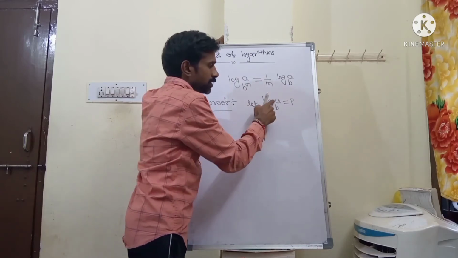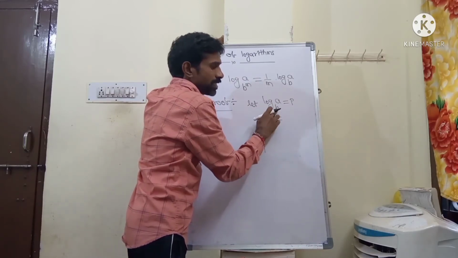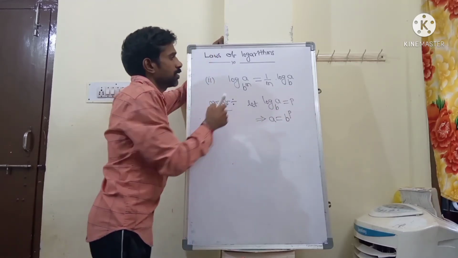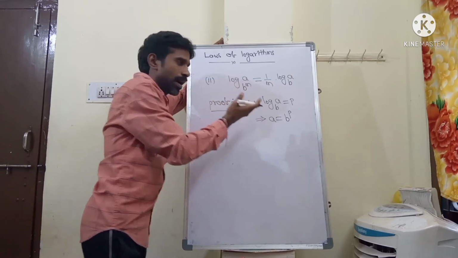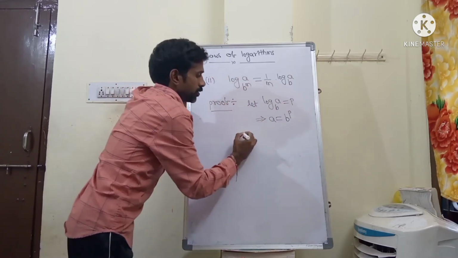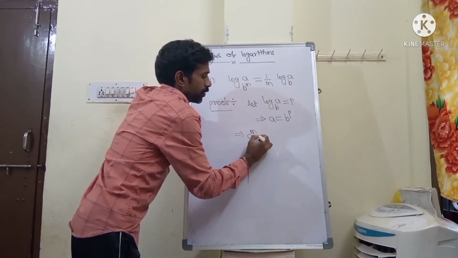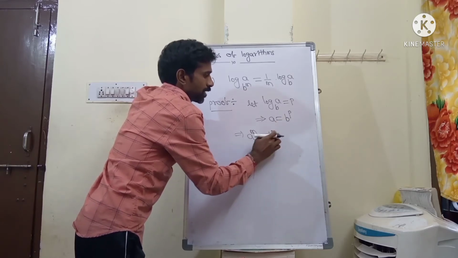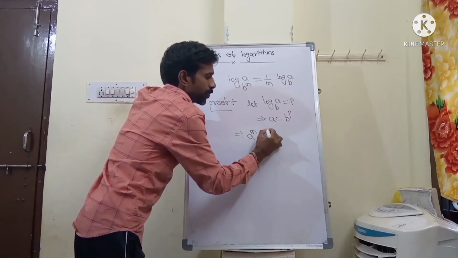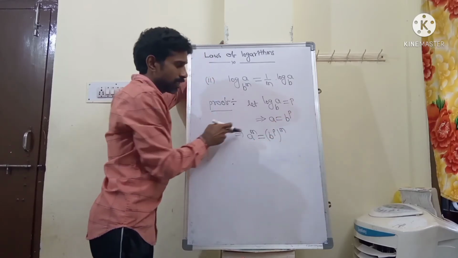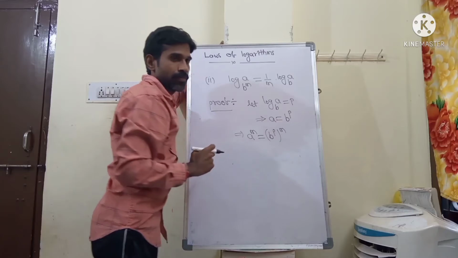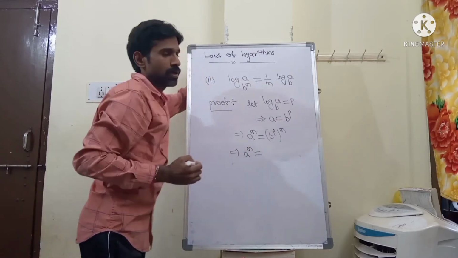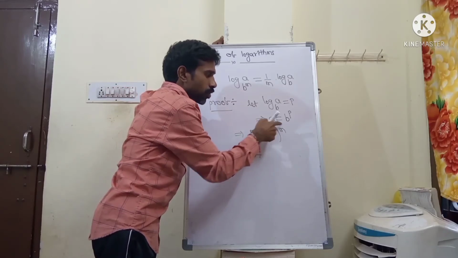Write in exponential form: a equal to b power of p, since the base is b. Here the base power is m, so apply power m on both sides. So a power of m equal to b power of p whole power of m.